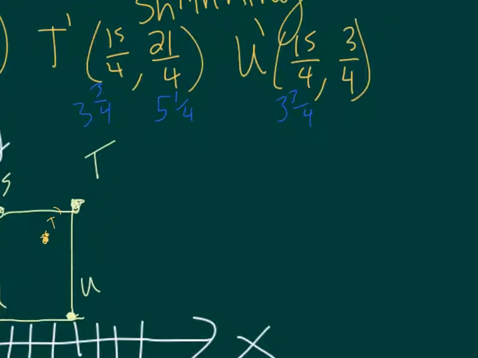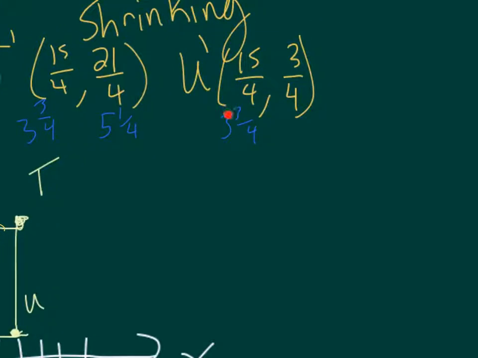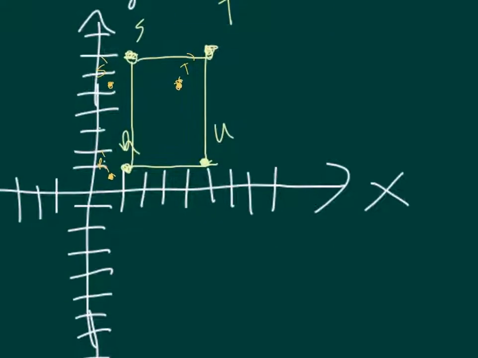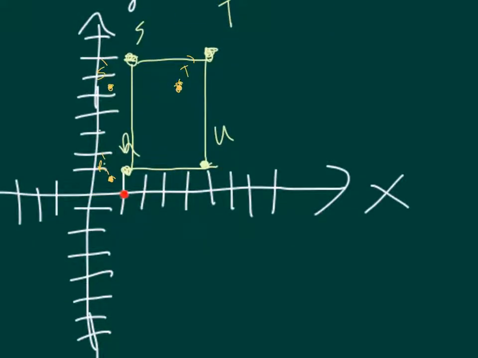And then the last thing that I need to do is 3 3/4, comma 3/4. So start here, go over 3, and 3/4 would be right about here, and then up to 3/4 should line up nice with that R prime. So this is going to be my U prime. And there's our new shape right there. We definitely shrunk that original shape by 3/4. Got a little bit smaller. Excellent. Let's move on to the next problem.